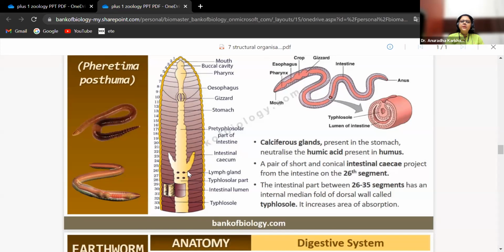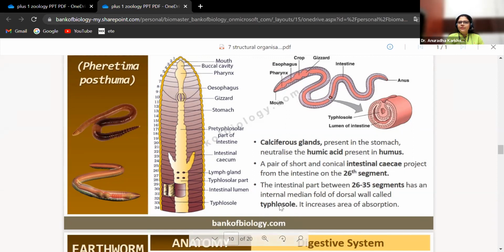The intestinal part between the 26th and 35th segment has an internal median fold of the dorsal wall called typhlosole. See, typhlosole is visible here. It is like a thick flap. It increases the area for absorption. In your previous year's question papers, they have asked questions on typhlosole.